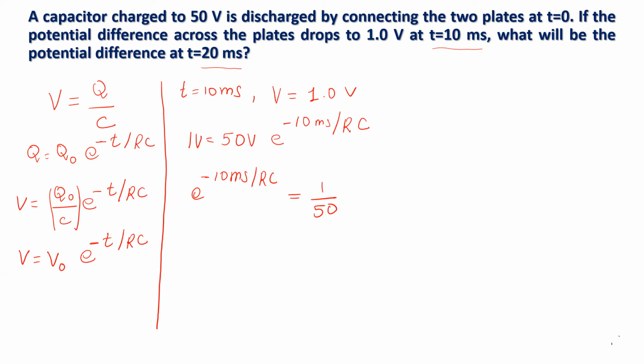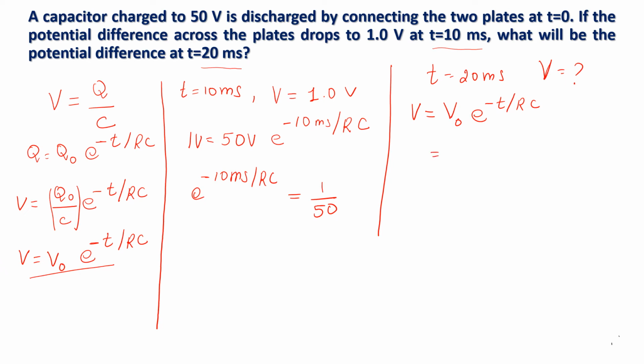Now, what is the question? What will be the potential difference at t equal to 20 millisecond? So the data given here is t equal to 20 millisecond, and you have to calculate the potential difference. Again, substitute in the equation: V equals V naught e power minus t by RC. V naught is the initial potential, that is 50 volt.